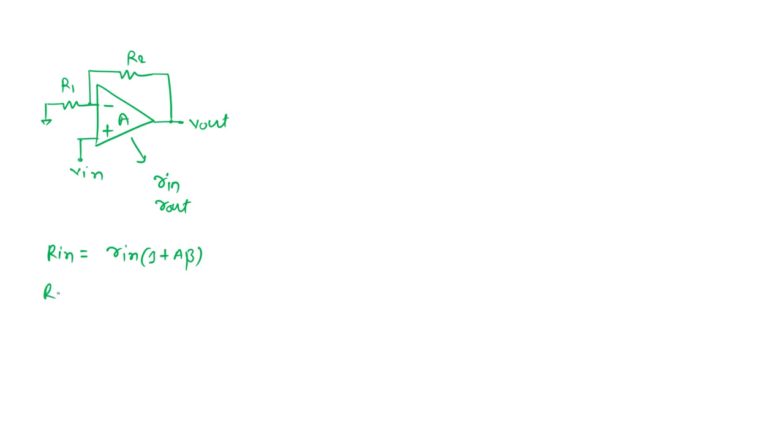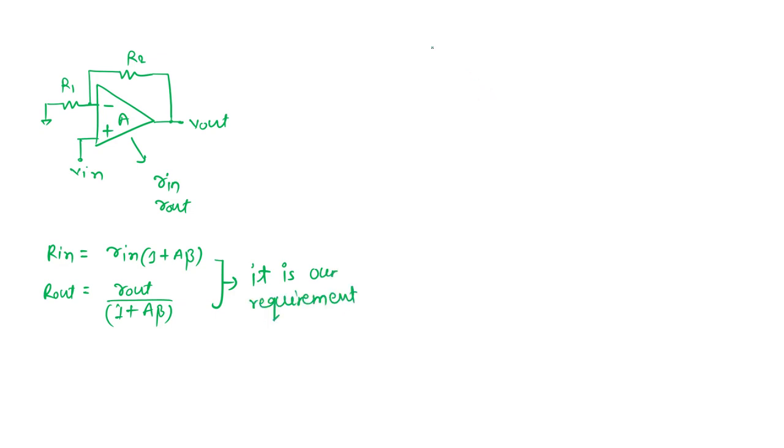And the output impedance is Rout divided by 1 plus A beta. So this 1 plus A beta factor increases your input impedance and decreases your output impedance in negative feedback, which is our requirement.